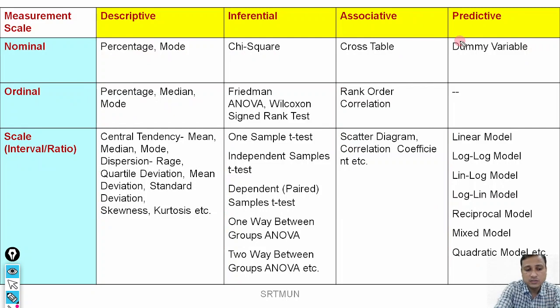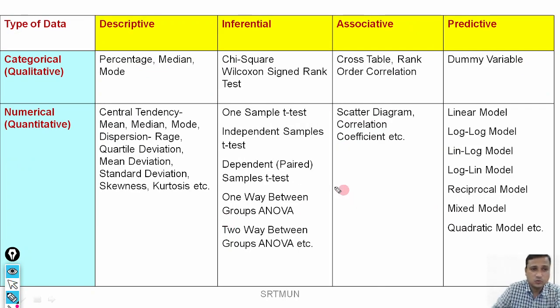Fine. Now same thing if I explain with the help of type of data. So here are two types: qualitative data and quantitative data, and you can observe for qualitative data there are very less statistical techniques available to apply on.